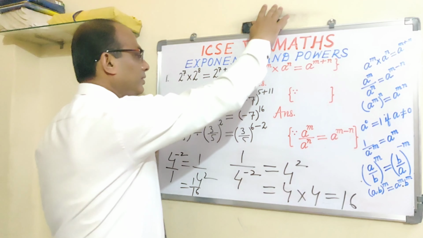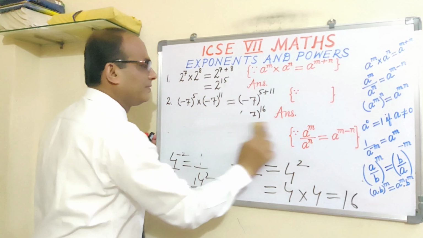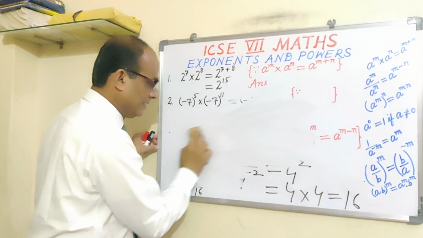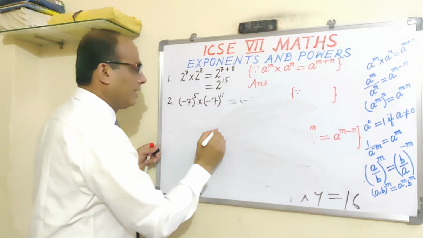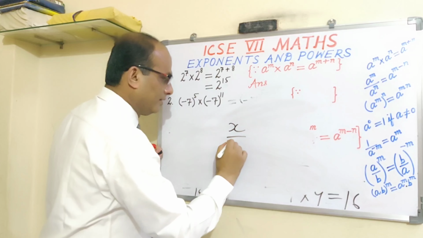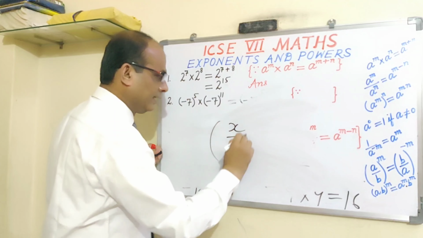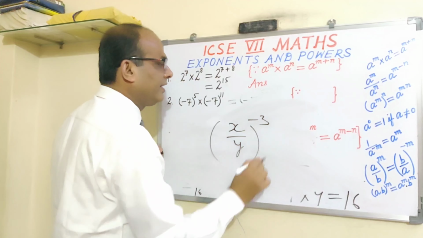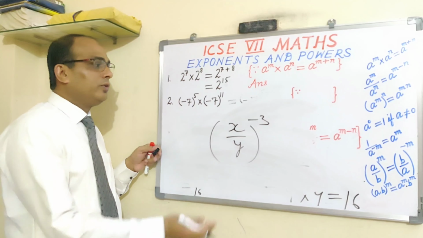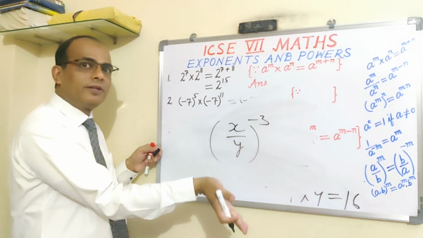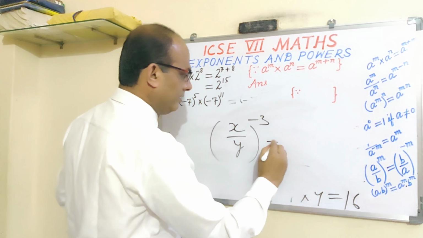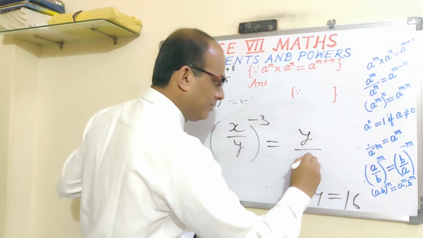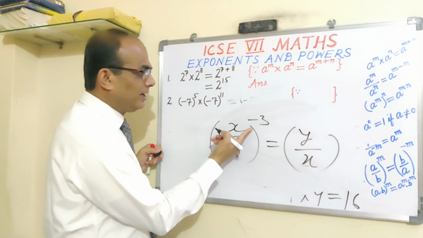Suppose you got some answer x upon y raised to the power minus 3, and you want to make it positive, then invert. Then you can write y upon x, and the whole raised to the power 3.